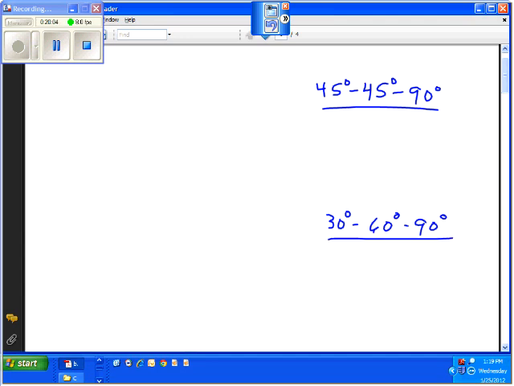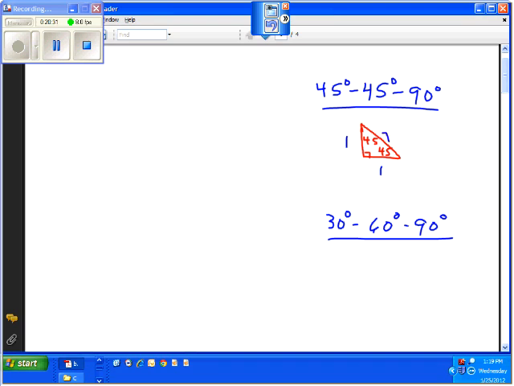Now, there are several ways this could have been presented to you, and we're going to end up with a certain way. What we want you to recognize is that in a 45-45-90 triangle, there's a ratio. The legs have a 1-to-1 ratio. In other words, legs are equal.